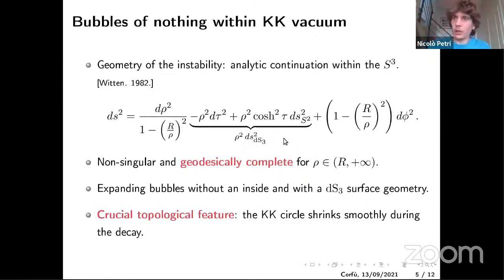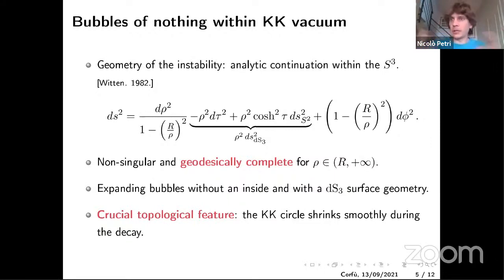The key property of this bubble, expanding in an accelerated way, is that it is geodesically complete in the exterior. That means we cannot push an observer to cross the wall of the bubble. And in some sense, this is the reason why we call it a bubble of nothing, because there is no inside. We cannot define even an observer in there.